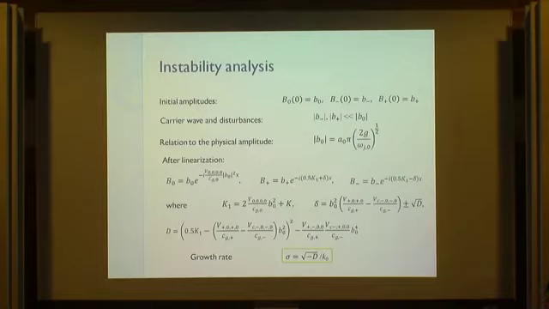So it happens when the discriminant here is very, very small and negative. So growth rate, this is the dimensionless value that shows how fast sidebands will grow at a certain frequency step around the carrier.